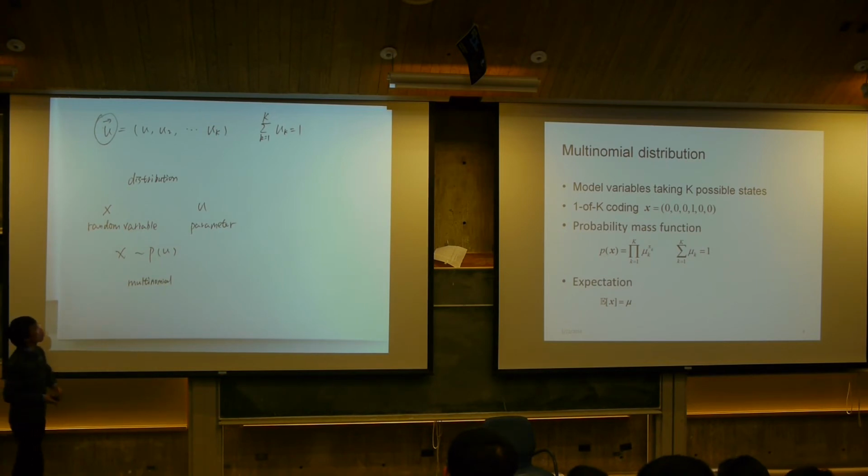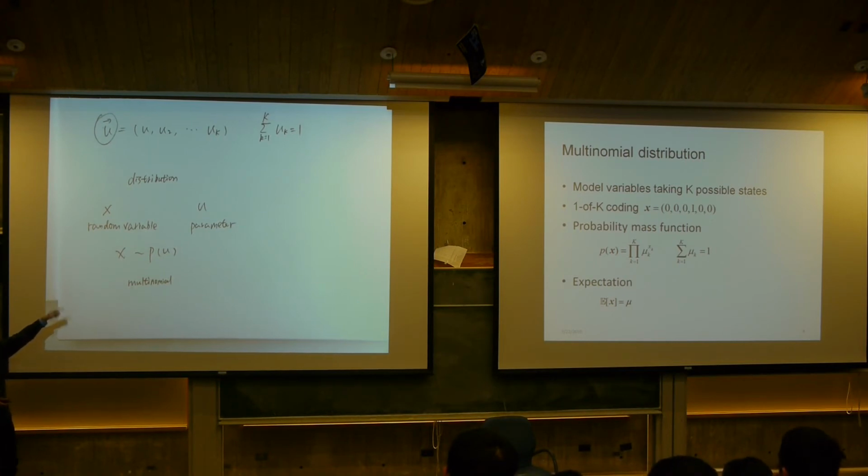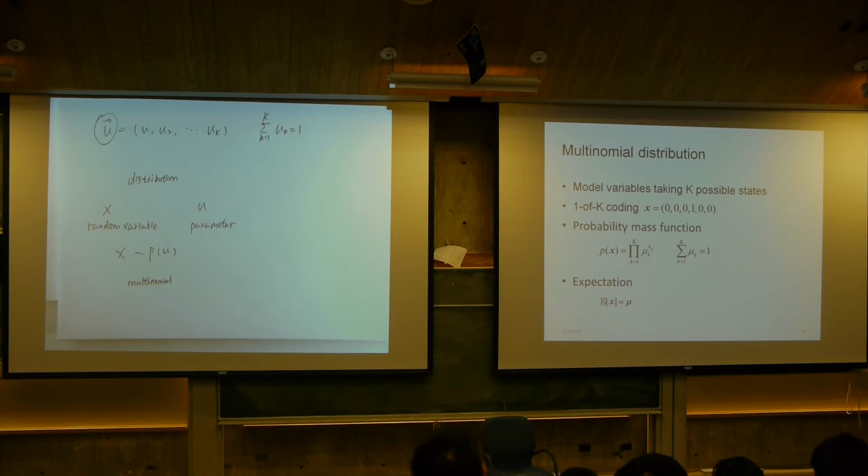Sometimes we call mu the multinomial parameter, which means mu is the parameter of this multinomial distribution, and it must satisfy that the sum of the components in that vector is 1. So when you are dealing with a distribution, be careful about these two things.